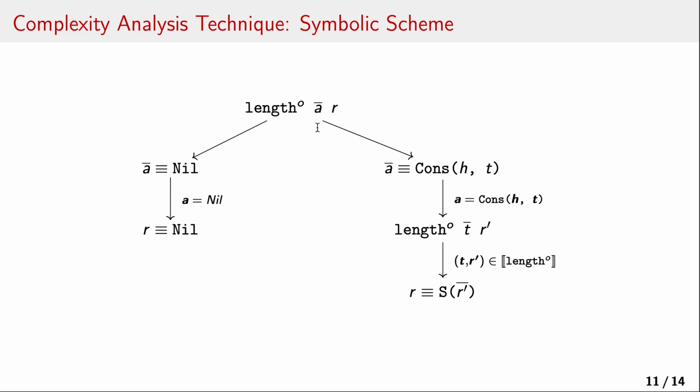It's denoted here by the overlining, and you can see that in the beginning only the input argument is grounded, but throughout the search other fresh logic variables can become grounded too.